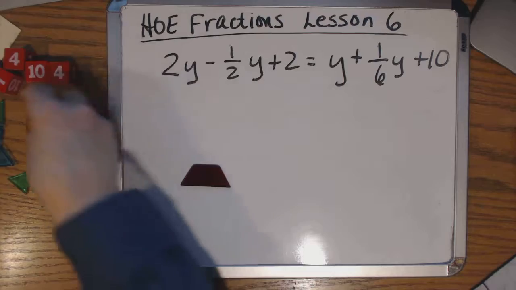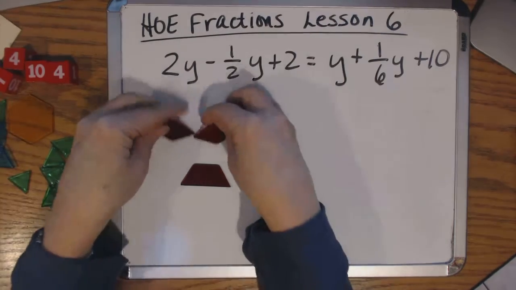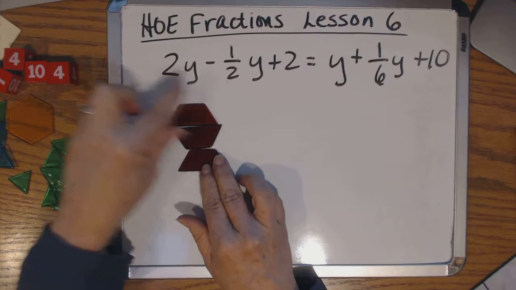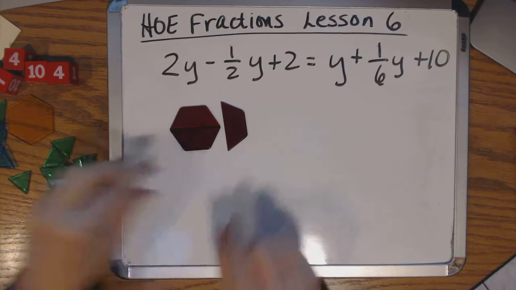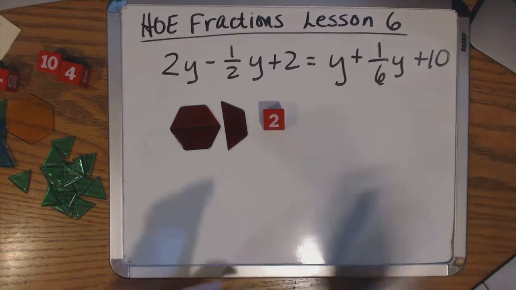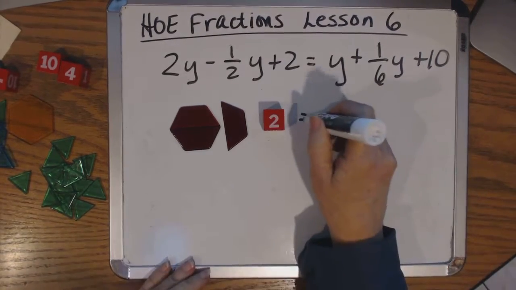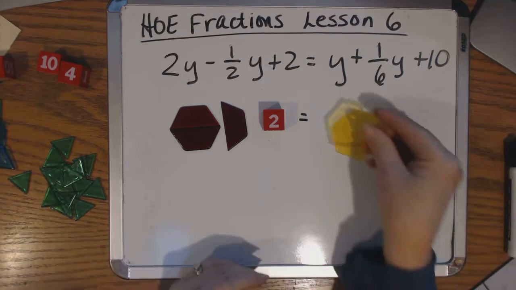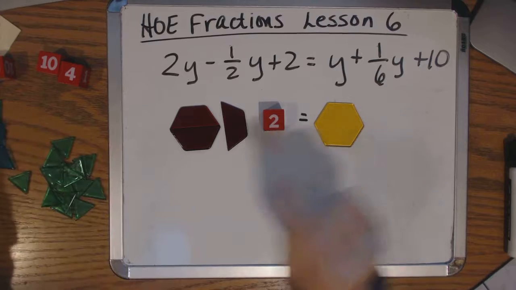And if I want to make it a little easier to follow, I think I could do it this way. So this is 2 full y's minus a half, plus a 2. What's kind of nice about this is you can be a little creative. You don't have to do it exactly the same way. And over here I also have a y.